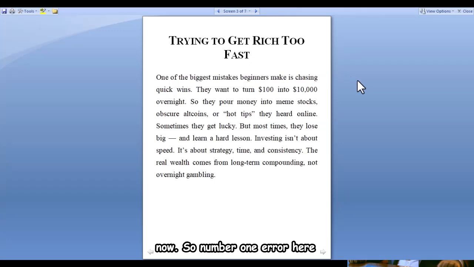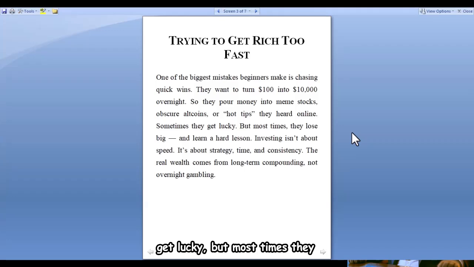So number one error here says trying to get rich too fast. One of the biggest mistakes beginners make is chasing quick wins. They want to turn $100 into $10,000 overnight. So they pour money into meme stocks, obscure altcoins, or hot tips they heard online.